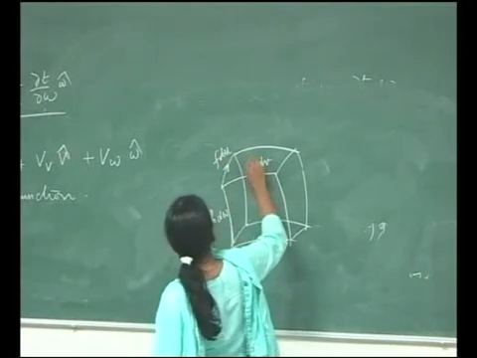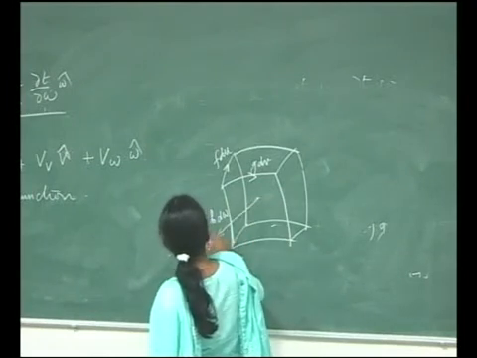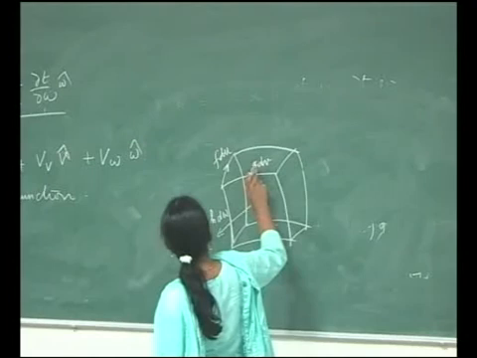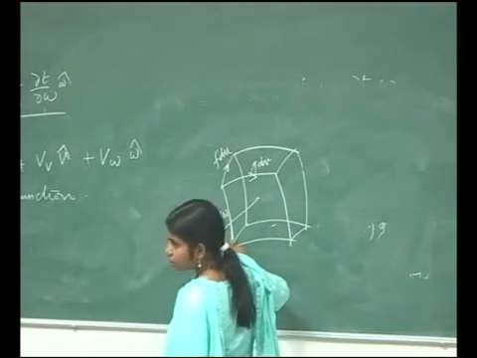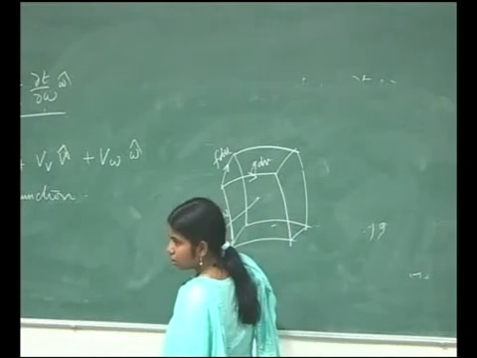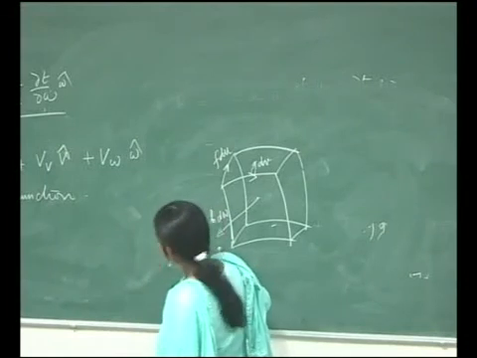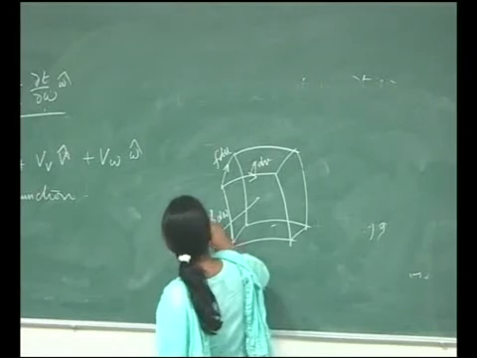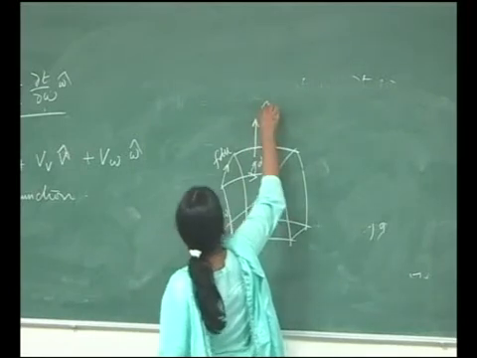If I want to calculate the surface area here, this is V, this is W. What should be the direction of this surface? U cap, V cap, or W cap? U cap. And what about this surface? W cap.